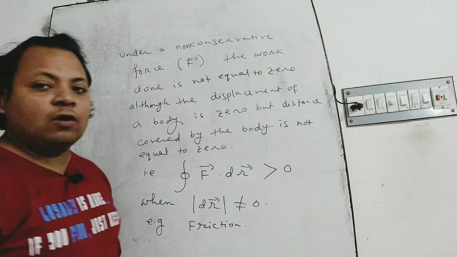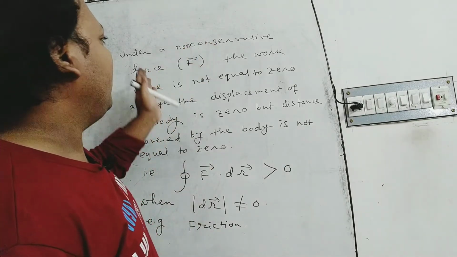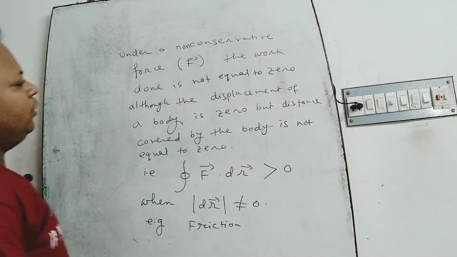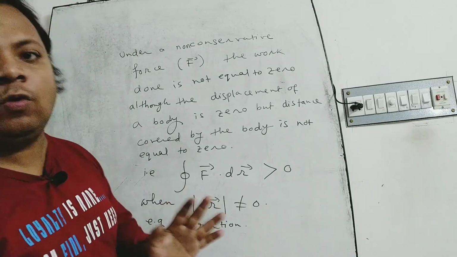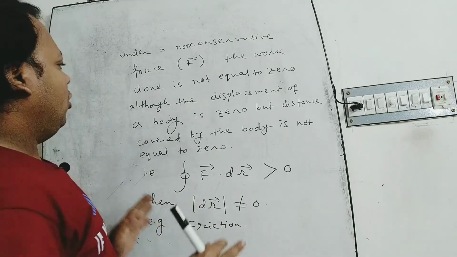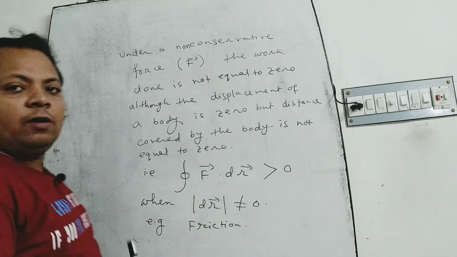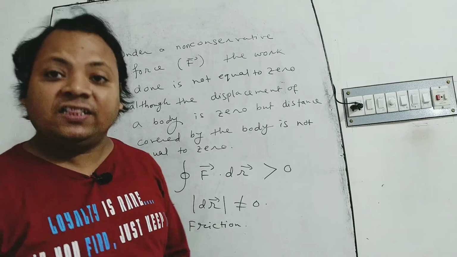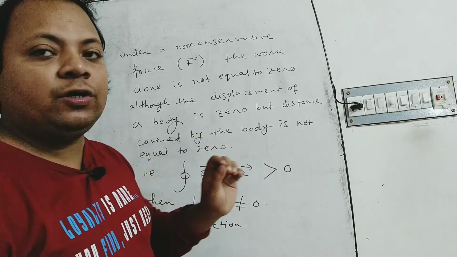Under a non-conservative force F, the work done is not equal to 0. Although the displacement of the body is 0, the distance covered by the body is not equal to 0.